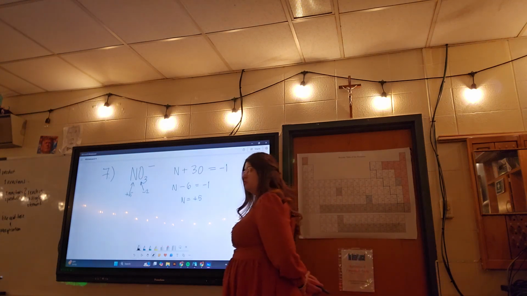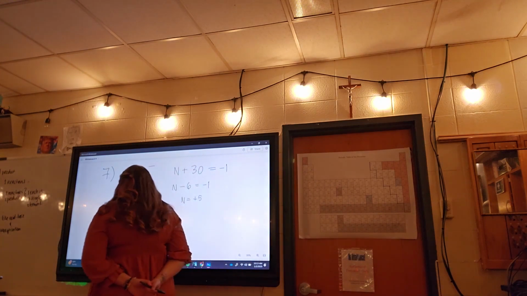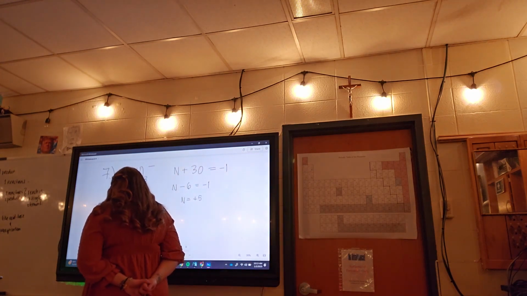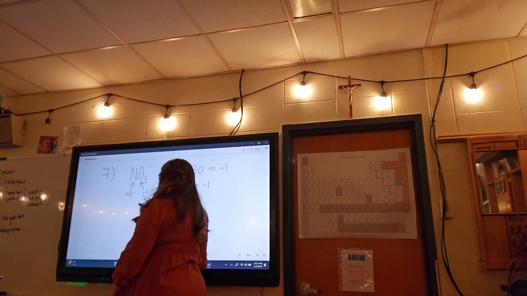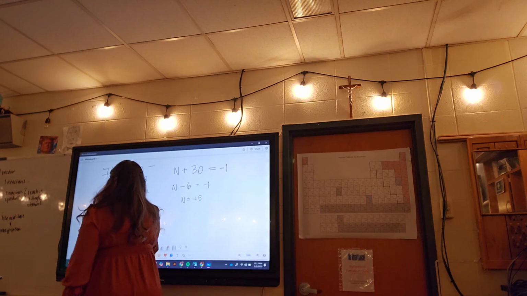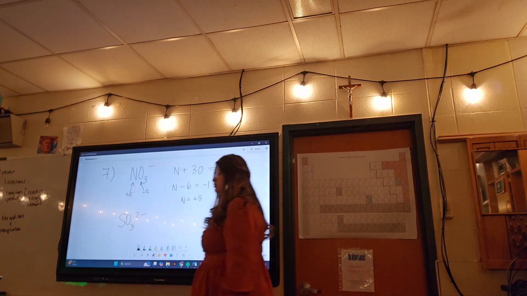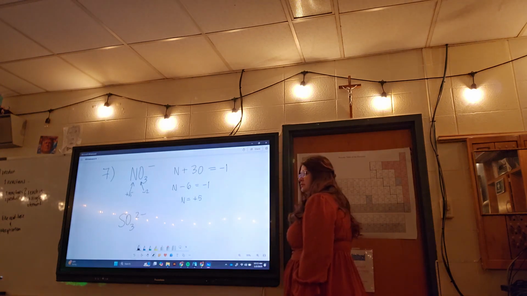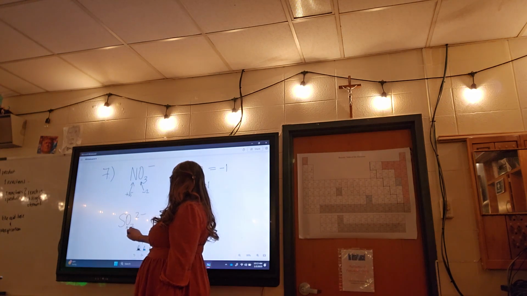All right, let's do one more example of this, and then I'm going to send you on your way. Let's do SO3 2-. Identify the oxidation numbers in this compound. So this is already half done. We know that oxygen is -2.